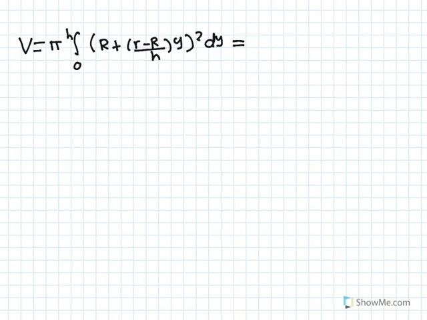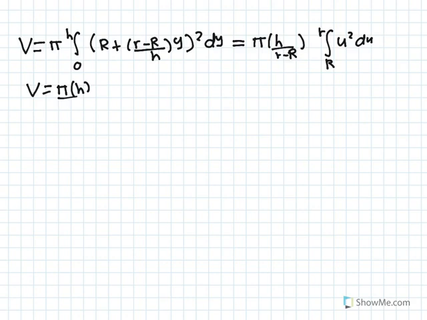This is equal to pi times h over (small r minus capital R), integral from capital R to small r, of u squared du.